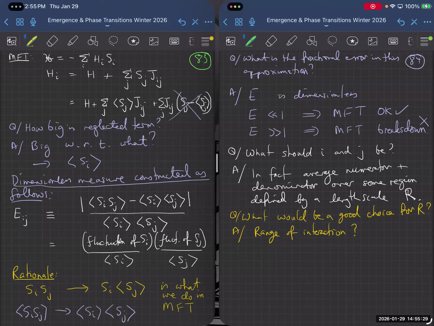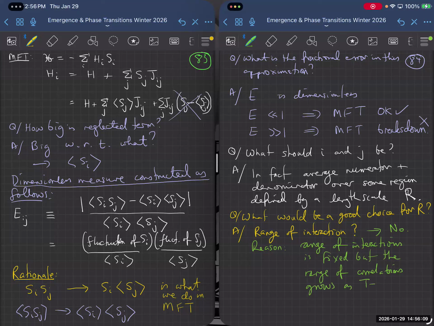So that's why we choose the range of correlation. So let me say the answer is no, and the reason is that the range of interactions is fixed, but the range of correlations grows as T tends to Tc.